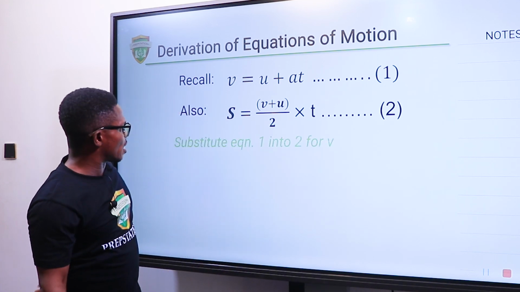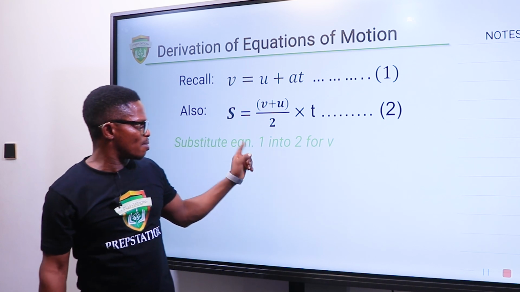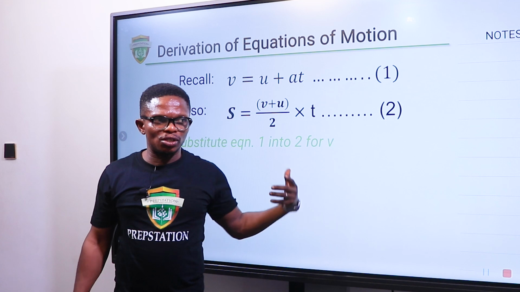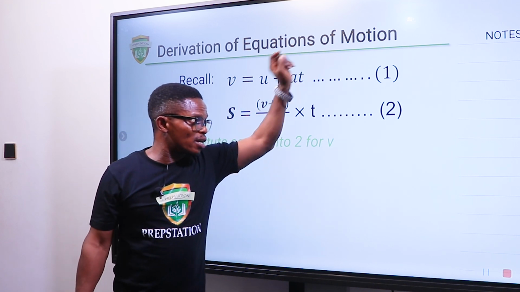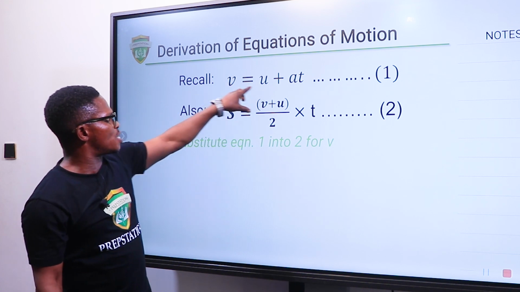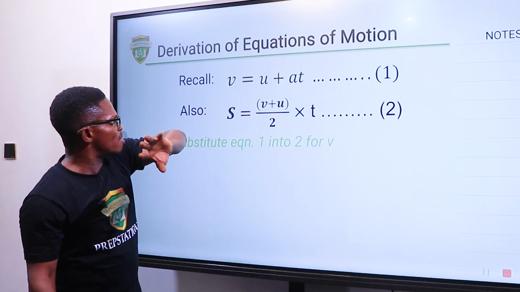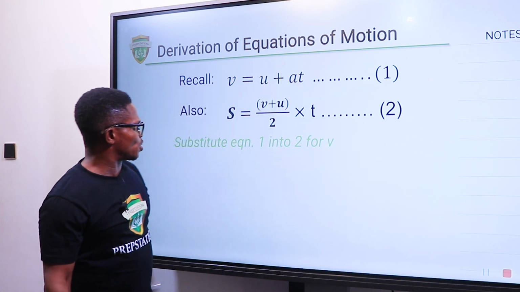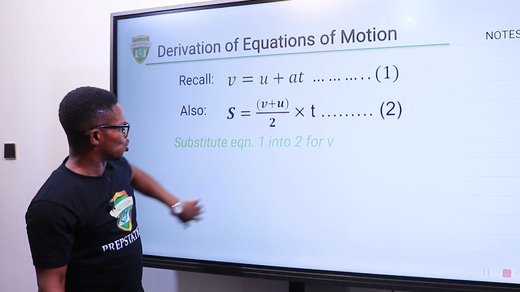How do you do that? Very simple. Substitute equation 1 into equation 2 for V. Now, what is equation 1? V equals U plus AT. That implies wherever I see V, I can replace it with U plus AT.